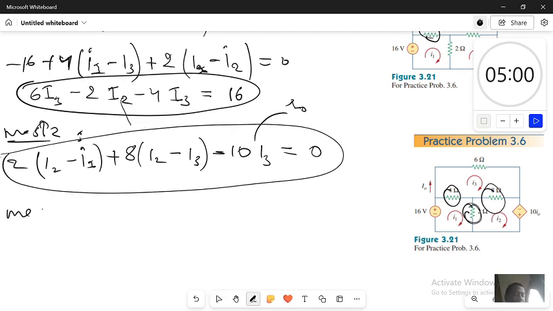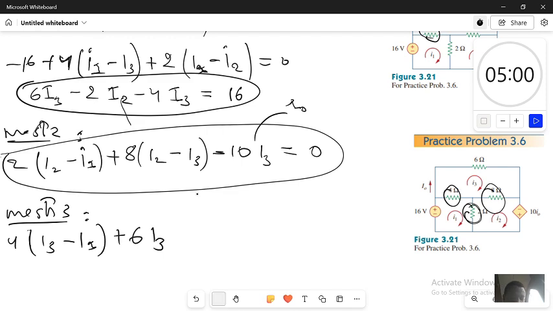If I come in mesh 3, here I have this resistor 4. Since I am mesh 3, this resistor is between mesh 3 and mesh 1. I3 minus I1, plus 6. This 6 resistor is in I3 only, not between another mesh. So I will have plus 6 I3, plus I have this 8 resistor. This 8 resistor is between mesh 3 and mesh 2.